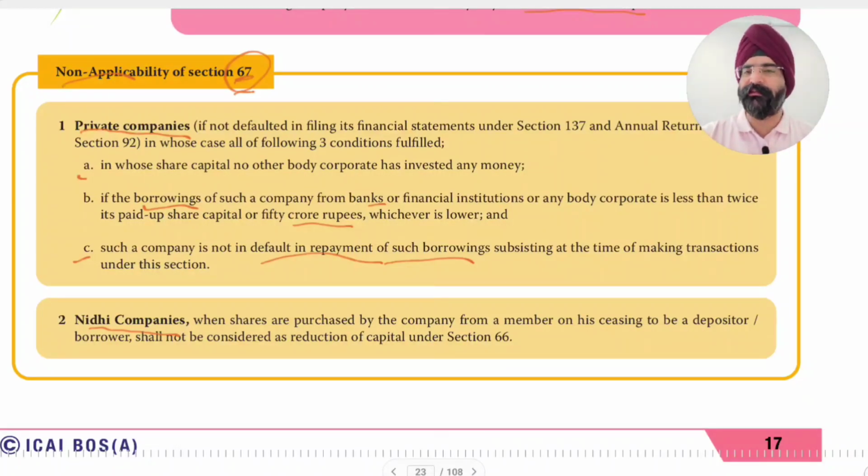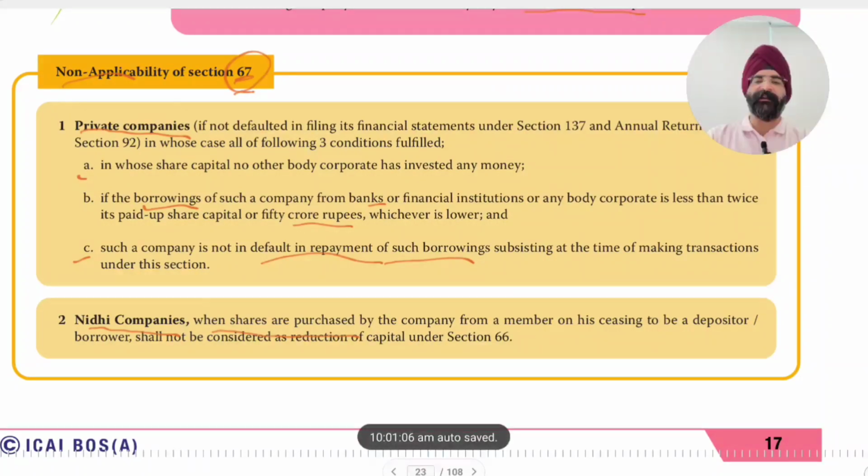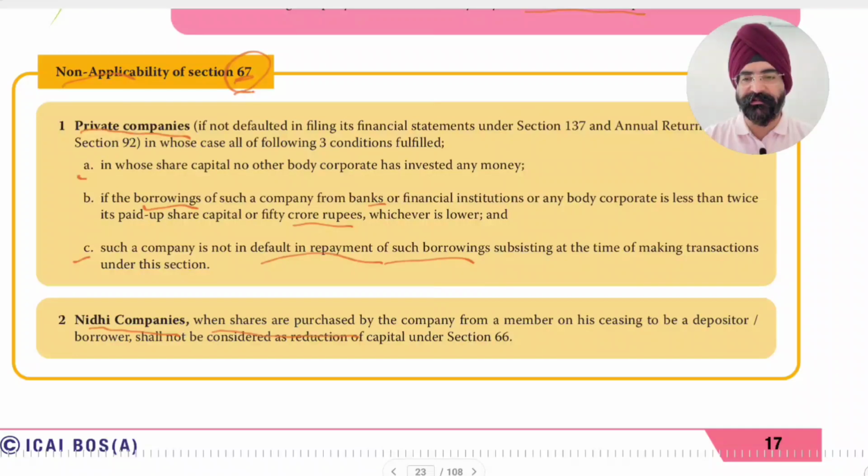Now this section 67, that a company cannot buy its own shares or finance the buying of its own shares, is not applicable to Nidhi companies, meaning mutual benefit companies. When shares are purchased by the company from a member on his ceasing to be a depositor or borrower, it shall not be considered as reduction under section 66.